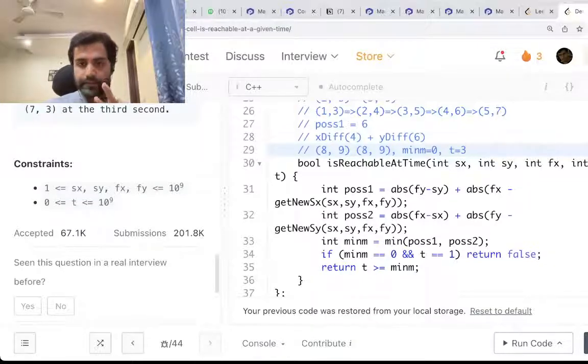Let's say an odd number 3, I can go left, then I can go diagonally above, and then I can come down. Left, diagonally above, down. So how many moves are there? 3 moves. So if you can do it in 3 moves, you can also do it in 5, 7, 9, 11 different moves. So if both the points are the same, in that case, your answer is going to be true for all the values of t except 1. So this is the only edge case that we needed to handle.